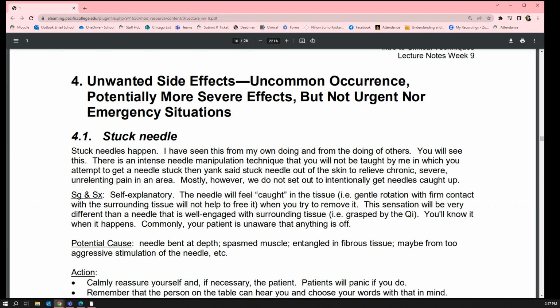And as long as you haven't saturated your cotton ball with blood, you can just toss that cotton ball right into your trash. If a cotton ball becomes so saturated with blood that you can actually squeeze it and have blood come out, so completely saturated, that is when you would need to get a biohazard container to put that in. So for most of us, this is not going to be something that we come across really unless you are doing specific bleeding techniques like wet cupping. You are not going to encounter this much blood.